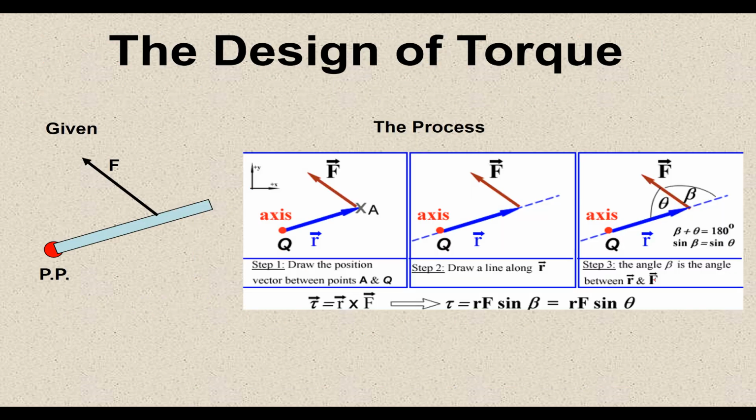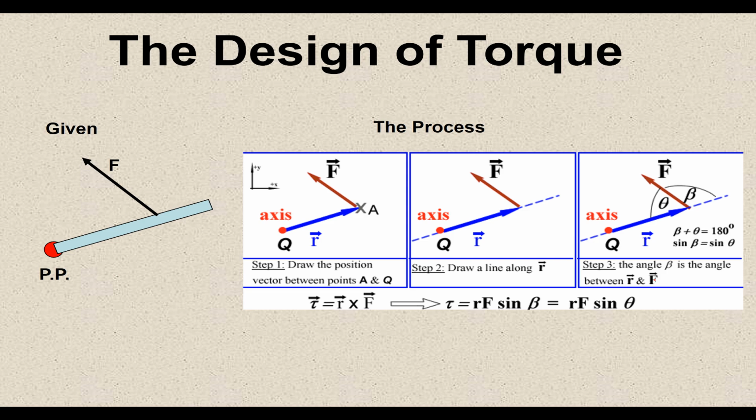So one more quick learn on torque. We have the axis. We have the object itself. And we have the force being applied at point A. So we draw the position vector between the axis and A, where the force is being applied.